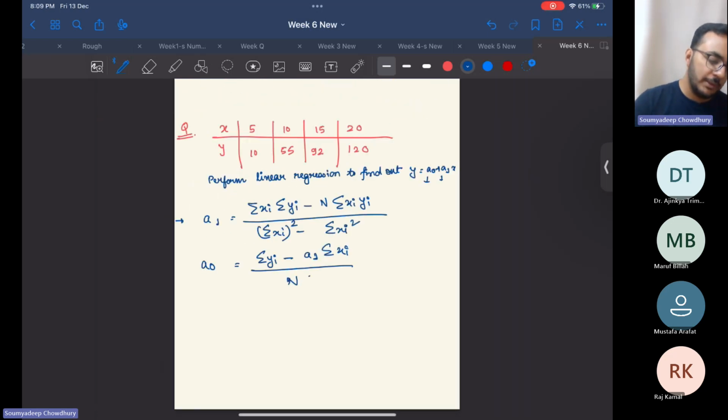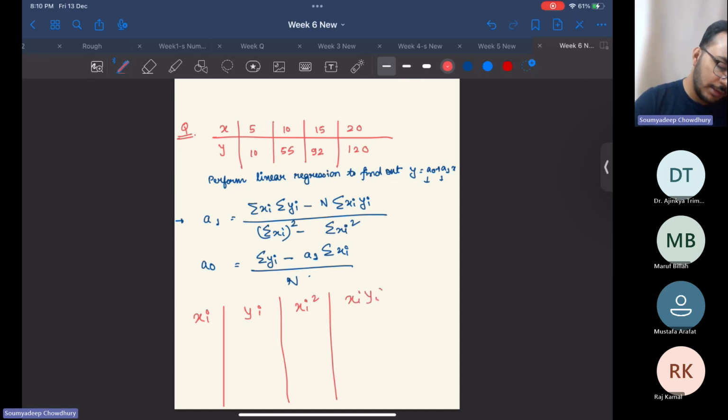So now you need to prepare the table. So your xi, yi, what all we need? Summation xi, summation yi. So xi square we need, right? Xi square, and we need xi yi.